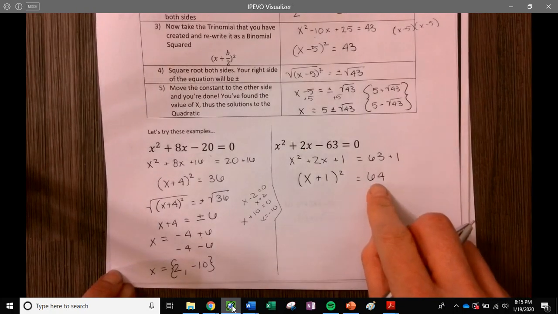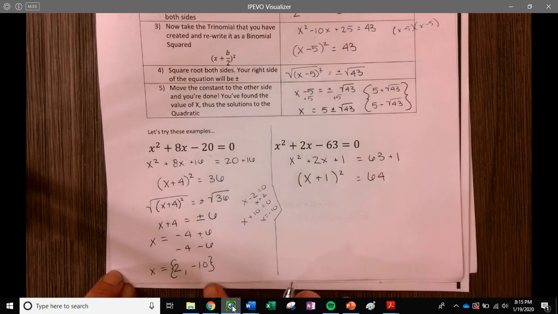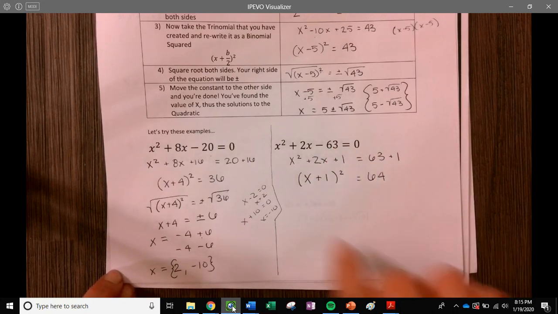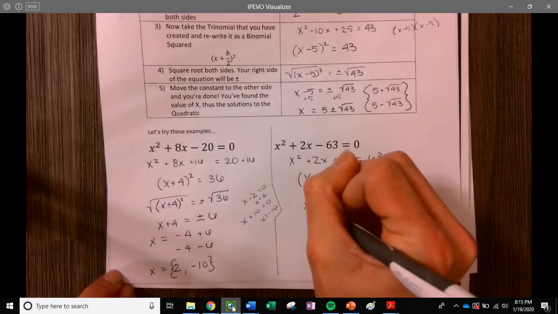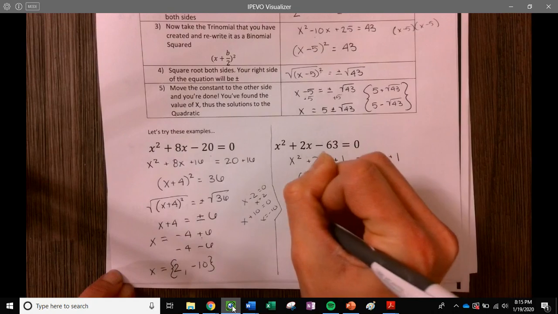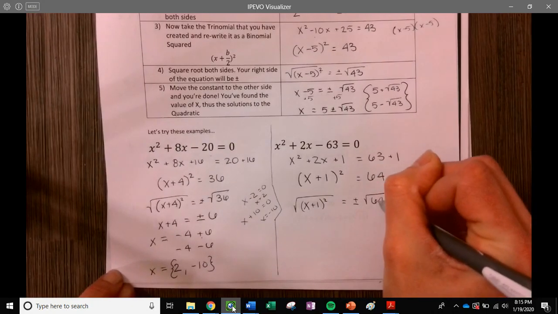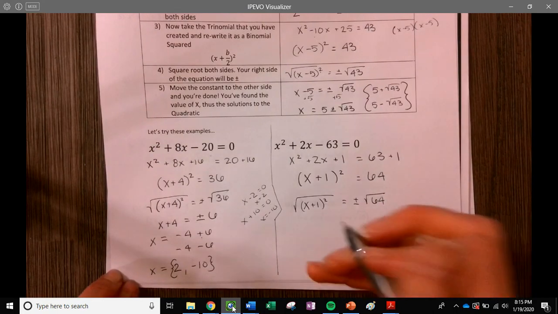Since this very obviously is a perfect square, this is going to work out with whole numbers as well. So this is one that we could have factored, 9 and 7. But this is good practice. All right, so we're going to square root the whole thing. Square root of 64. And if you guys know anything about me, you know that 64 is my favorite perfect square.